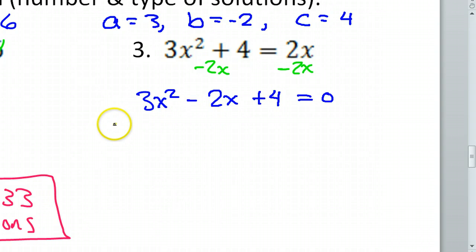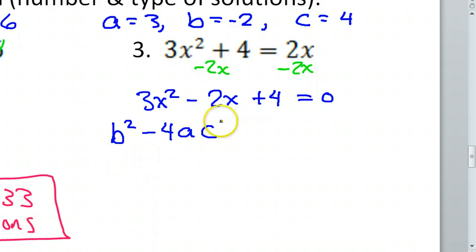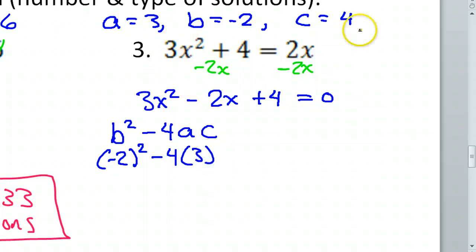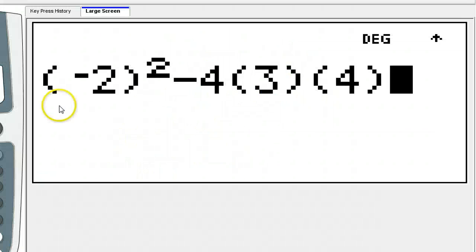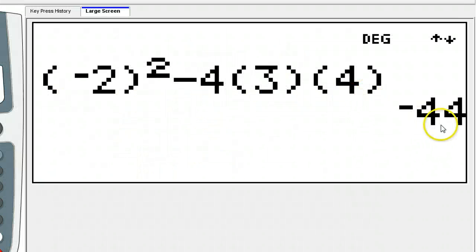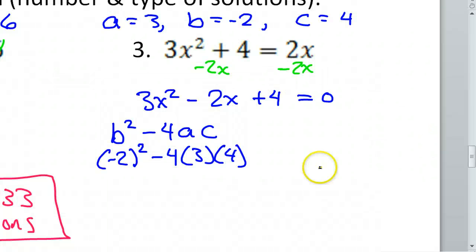So we're doing the discriminant, b squared minus 4ac. That's going to be negative 2 squared minus 4 times 3 times 4. It would look like this. So I've got negative 44.